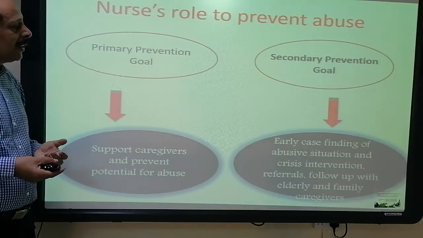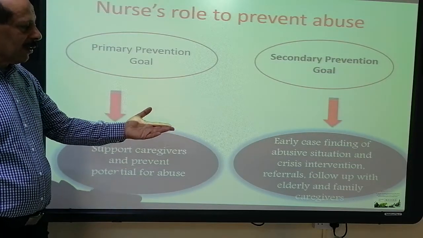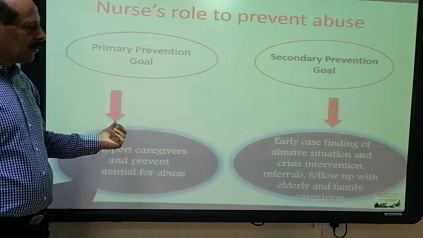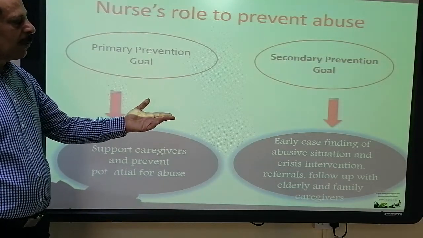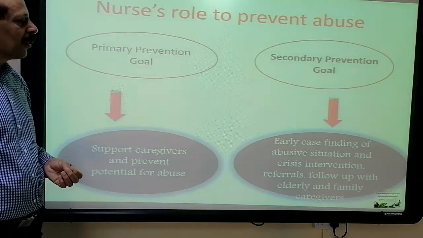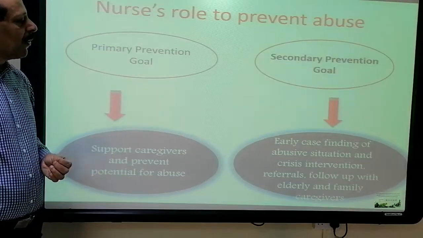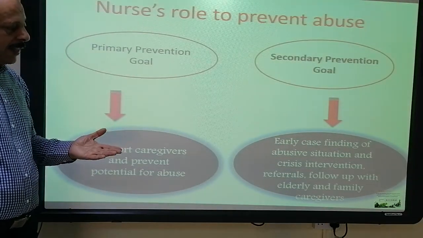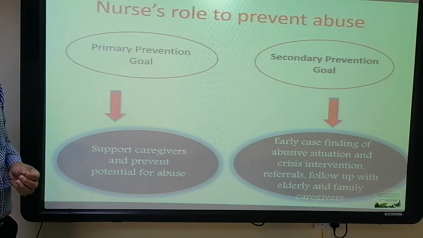The secondary one is early case finding of abuse. We have to screen and diagnose if abuse is there: early screening and finding of abuse situations and crisis intervention, referrals for those cases, and follow up with the elderly and family caregiver.